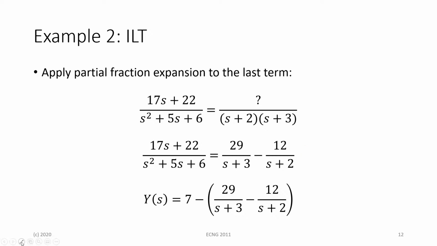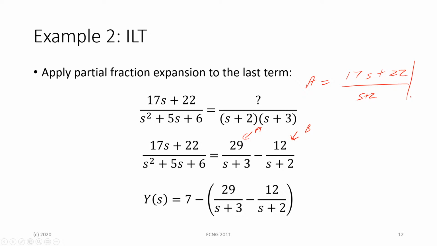Because we know this is going to be A over s plus 2 plus B over s plus 3, multiplied accordingly, let's say we wanted to find the s plus 3 component here. So let's say this was A and this was B. To solve for A, we say 17s plus 22, which is the numerator on the left hand side, divided by the component that is not s plus 3, so this is s plus 2.